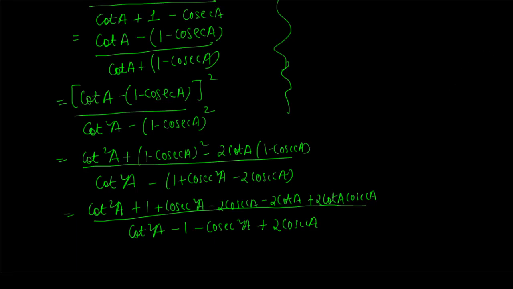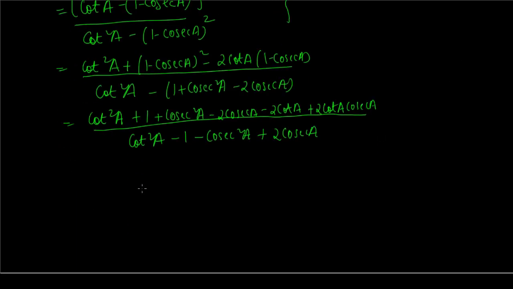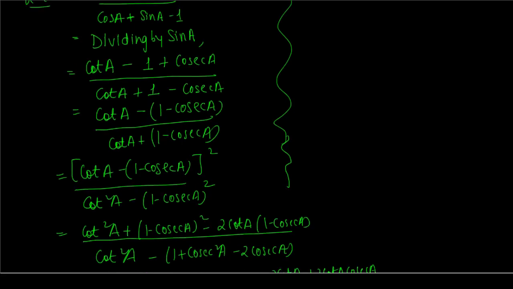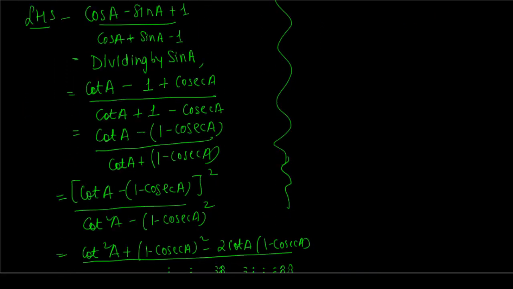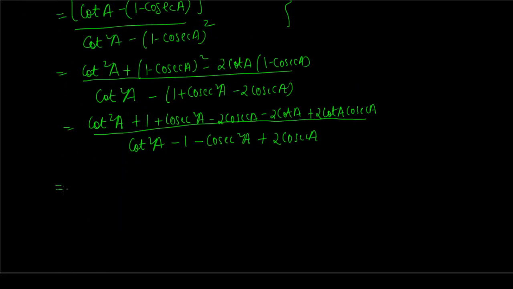Clear? Now this is the simplification, but we will be taking some terms common, because what do we want at the end? We want cot A plus cosec A. So we will be taking things common and eliminating a few things. Now see here, cot square A plus 1 plus cosec square A minus 2 cosec A minus 2 cot A plus 2 cot A cosec A. Clear? So we will be writing 1 as cosec square A minus cot square A, on both numerator and denominator.